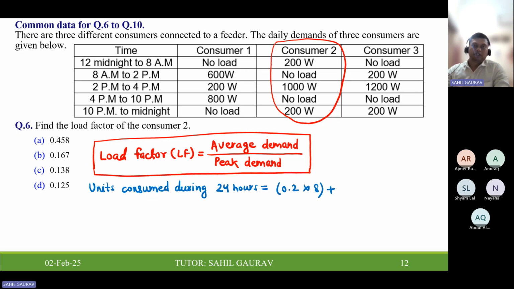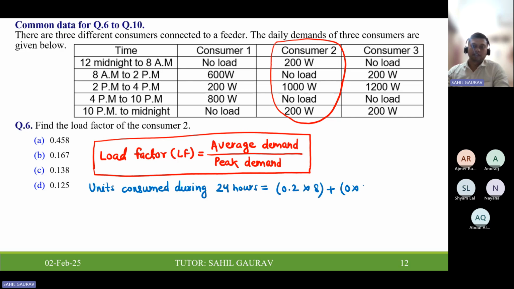So 200 watt for 8 hours, and no load from 8 a.m. to 2 p.m., so it is 0 watt. And 8 a.m. to 2 p.m. means how much? 6 hours: 9, 10, 11, 12, 1, 2.